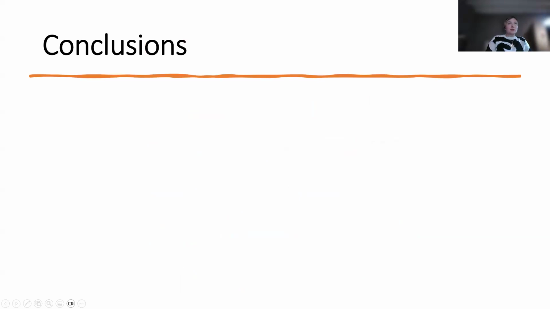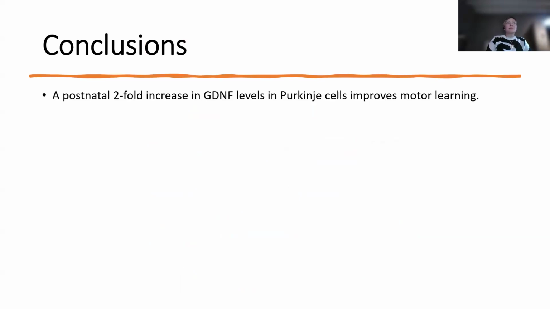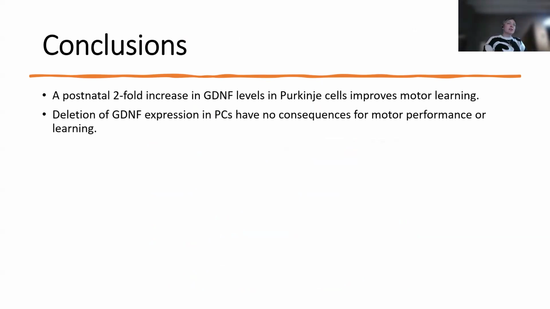So the conclusions are that the postnatal twofold increase in GDNF levels in Purkinje cells improves motor learning. Deletion of GDNF has no consequences for motor performance or learning when we delete it only from the Purkinje cells.